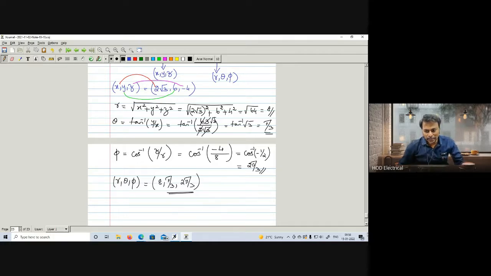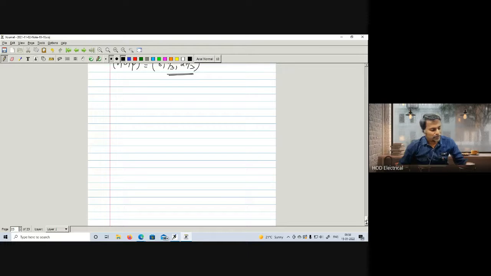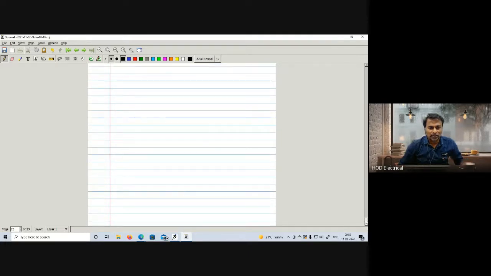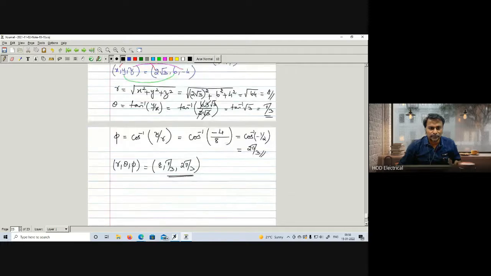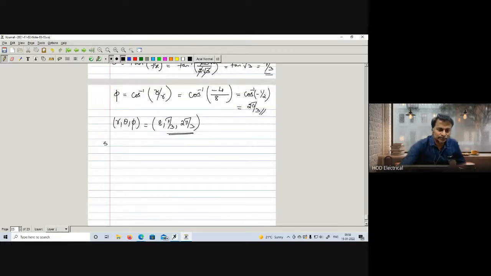Then the next and final problem in this tutorial, the fifth problem: convert cylindrical to spherical coordinates.